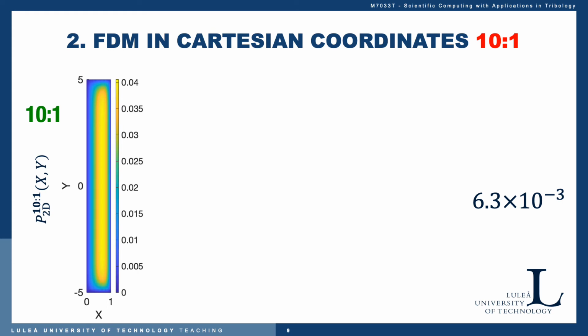It's only at the edges that the pressure changes, and it's of course because of the boundary conditions. It needs to satisfy the boundary conditions there, which we have posed to be atmospheric pressure.